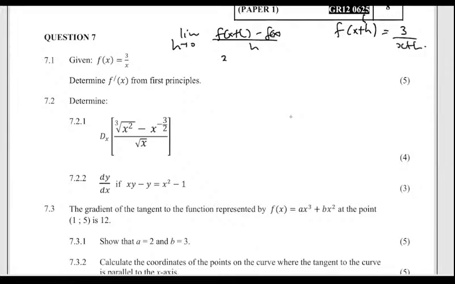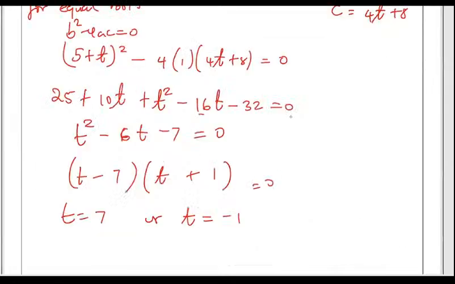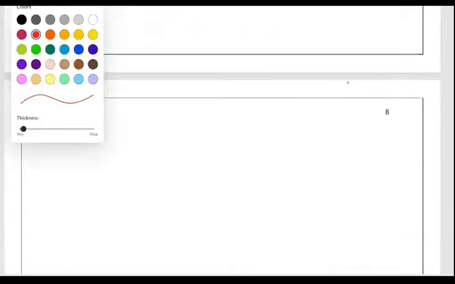So the limit as h tends to 0, 3 over x plus h minus 3 over x, everything divided by h. Let's do the magic, cross multiply and find the LCD.